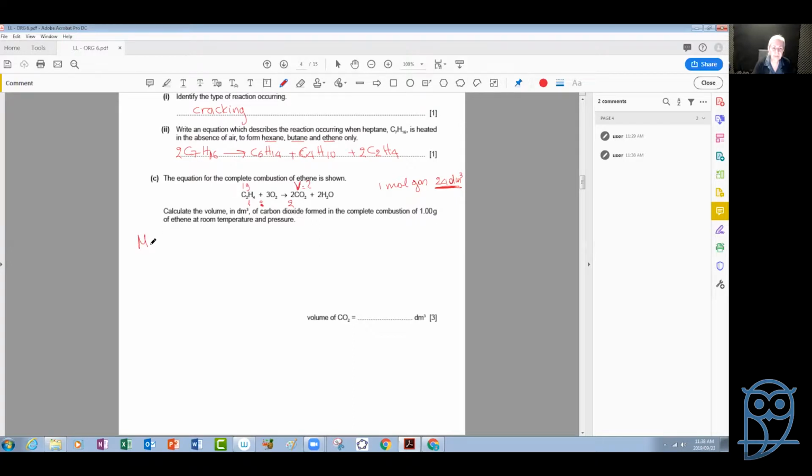Now the relative molecular mass of ethene is: carbon is 12, so we have 2 carbons, 2 times 12, plus hydrogens, 4 times 1. The 1 and the 12, obviously, I hope you remember, are the relative atomic masses of hydrogen and carbon respectively. And this is 28. That is the relative molecular mass of ethene.